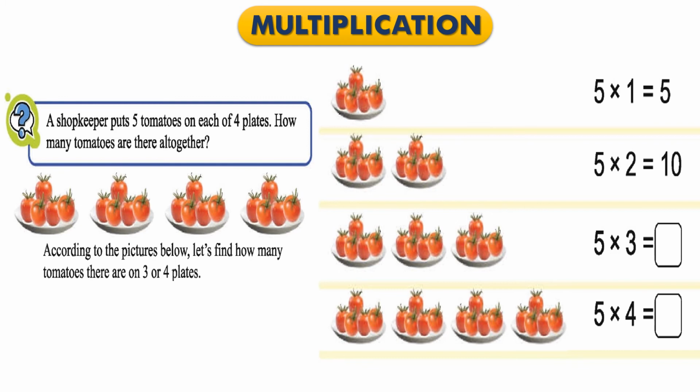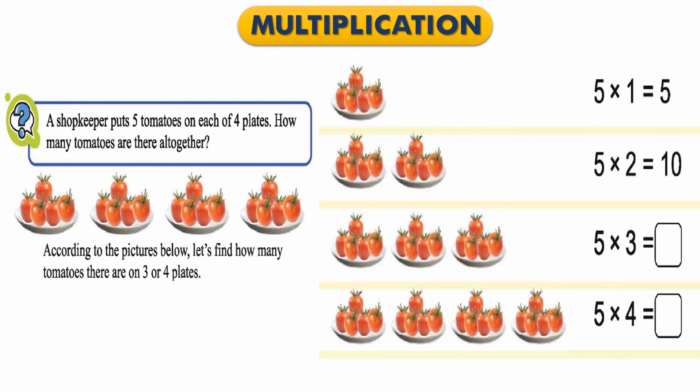So 5 multiplication 1 is equal to 5. In the next picture you can see that there are 2 plates and we have 5 tomatoes in each plate. So we keep 5 in front, then the multiplication sign, then we count how many groups there are. That means 2 plates. So 5 multiplication 2 is equal to 10.